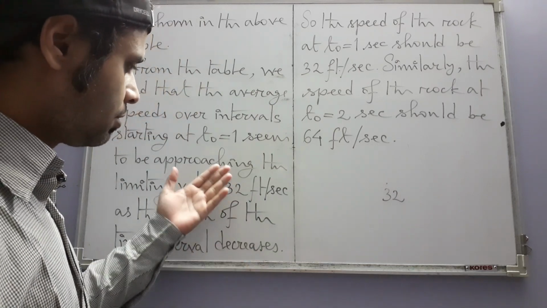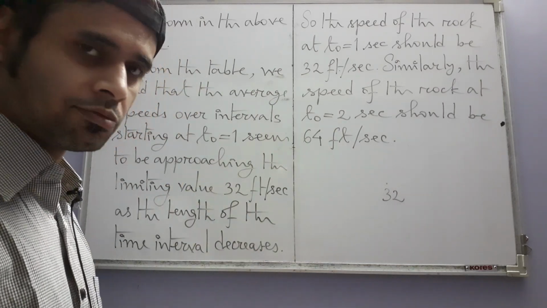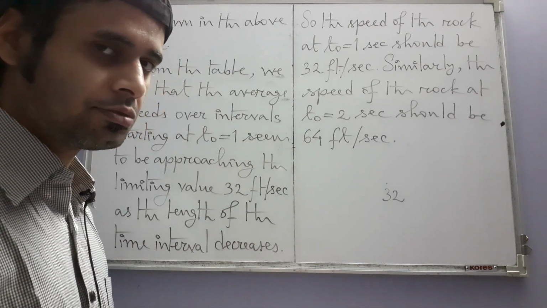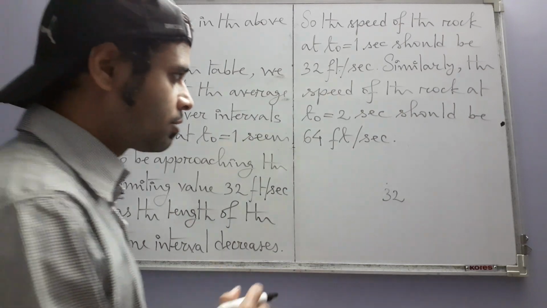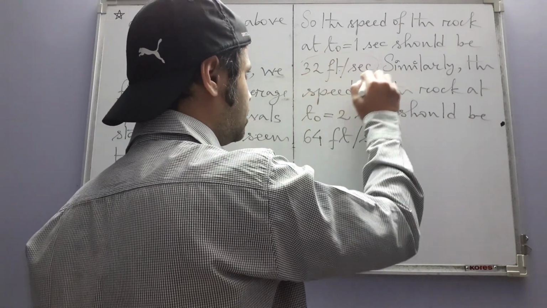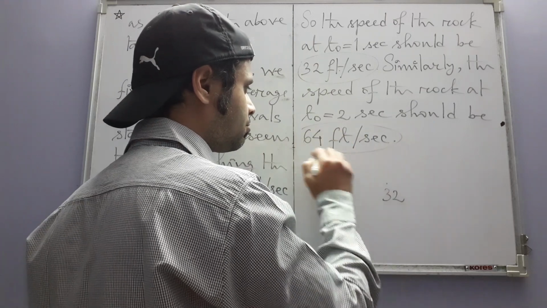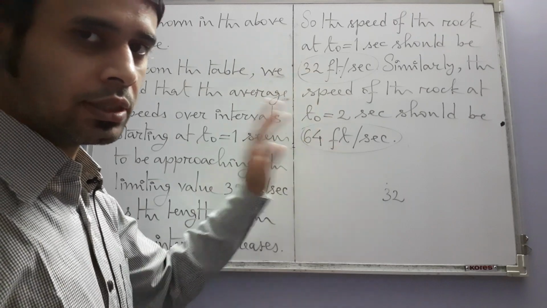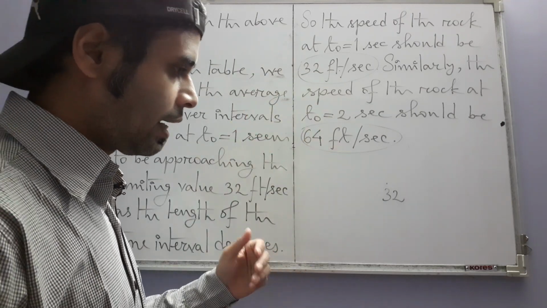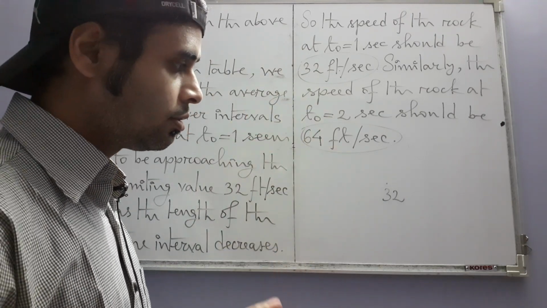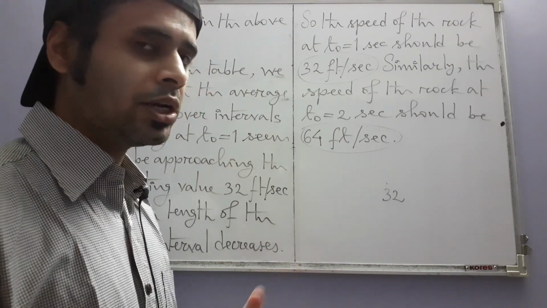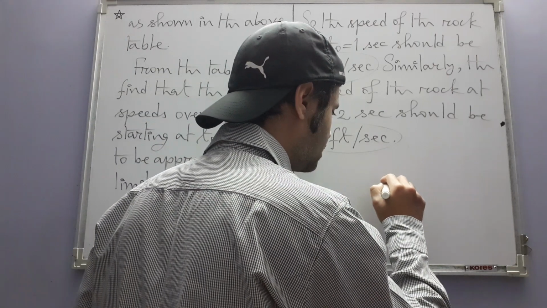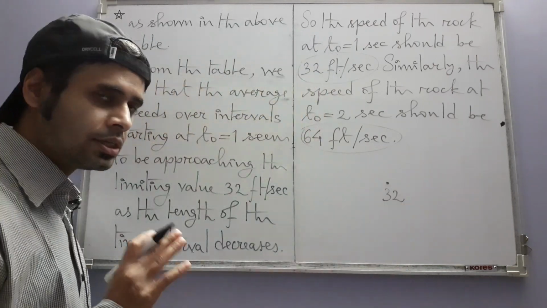But how many such average speeds have we seen in the table? 1, 2, 3, 4, 5. Only 5. We cannot base our definition just on 5 values which seem to be pointing towards these numbers. But the actual definition of limit should have infinitely many values.